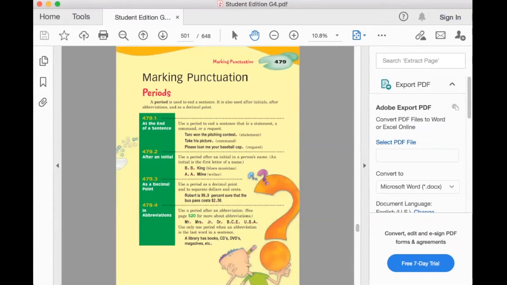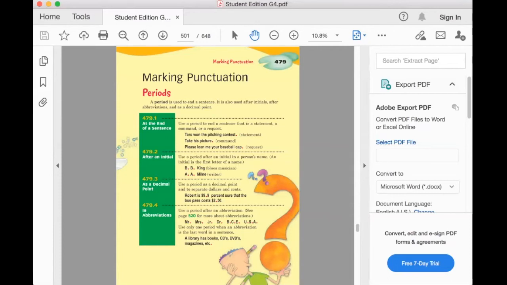Want to continue? Go ahead. Use a period to end a sentence that is a statement, a command, or a request. Taro won the pitching contest. Take his picture. Please loan me your baseball cap.